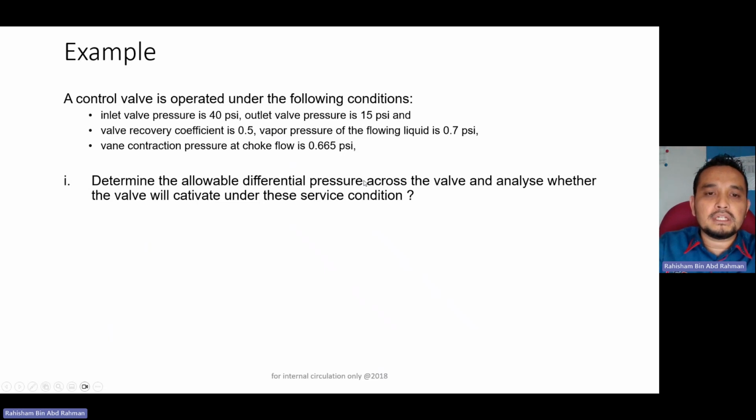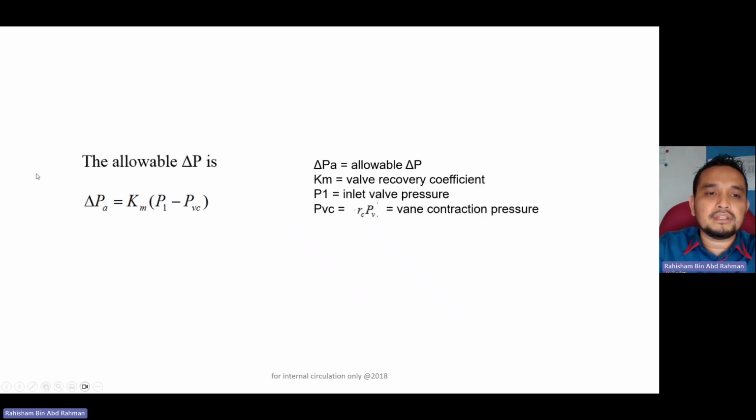So what is the formula? Very simple. This is the allowable pressure difference: Km times P1 minus PVC. We've got all of these values, so simply plug in and we should be able to obtain the value of the allowable pressure.